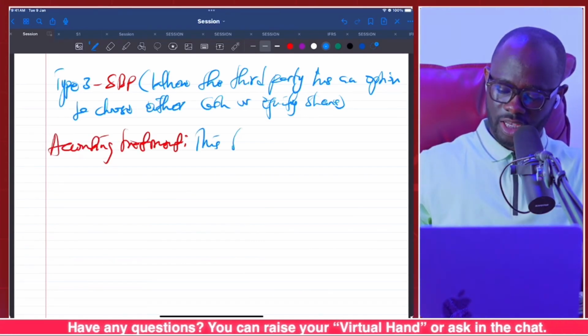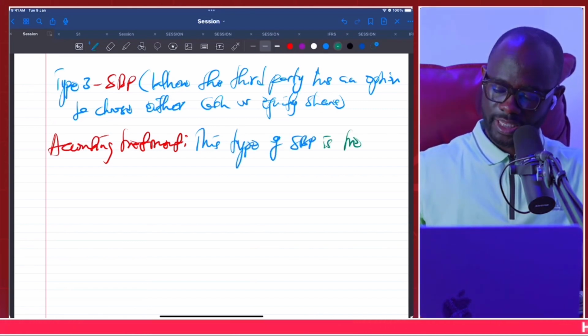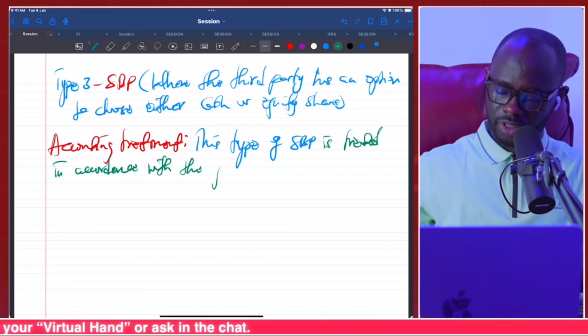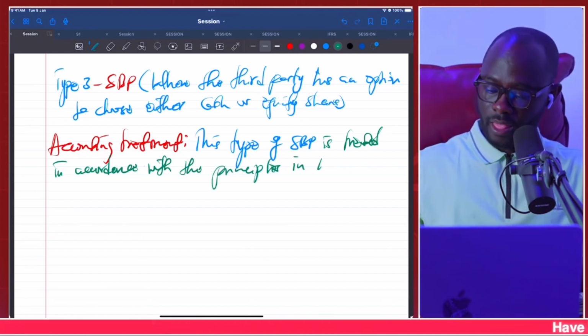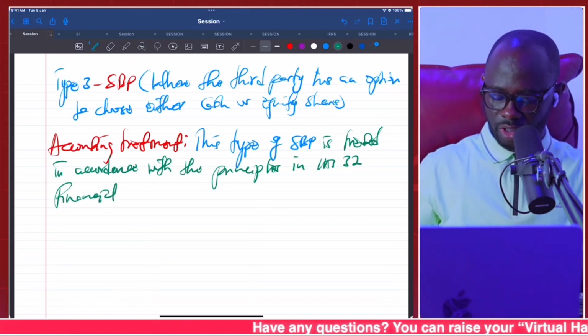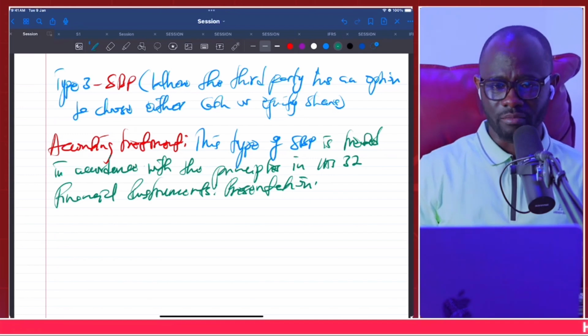So this transaction or this type of share-based payment is treated in accordance with the principles in IAS 32, financial instrument presentation. What does that mean?